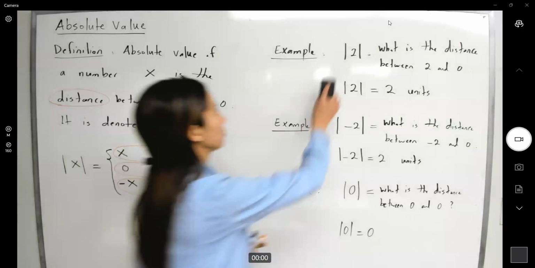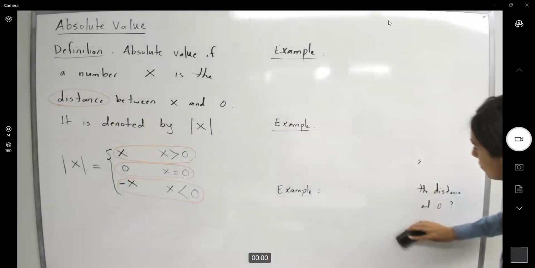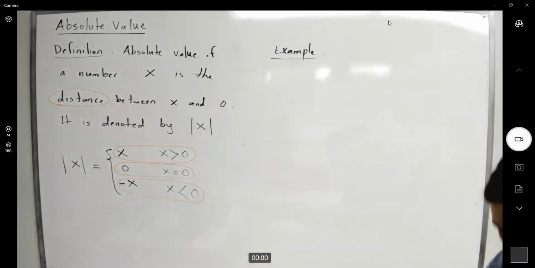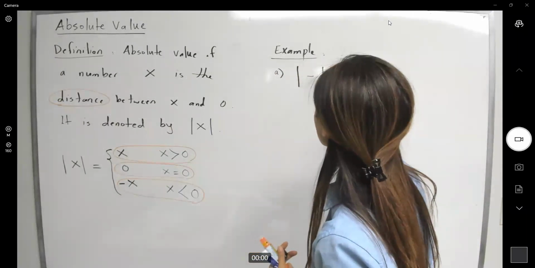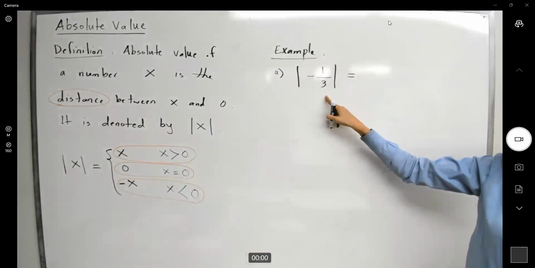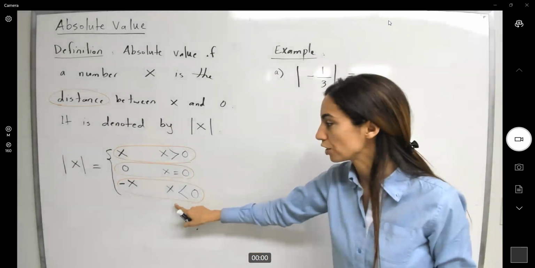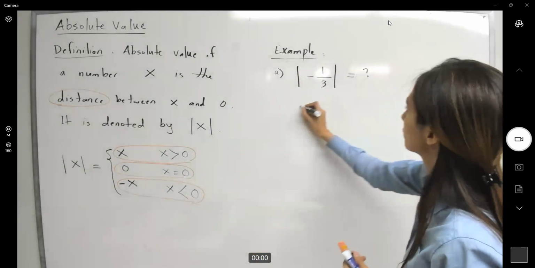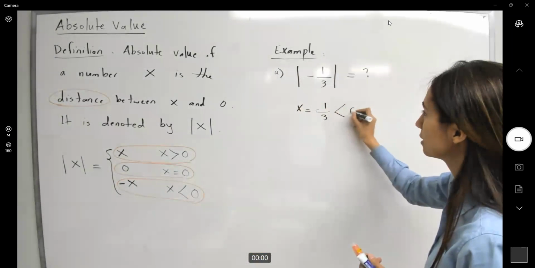Let's go over some more examples. The very first example says, what is the absolute value of negative a third? Well, a third is just a fraction, just a number. It has a negative sign in front of it. So let us follow the definition. My x is negative a third, which is less than 0.